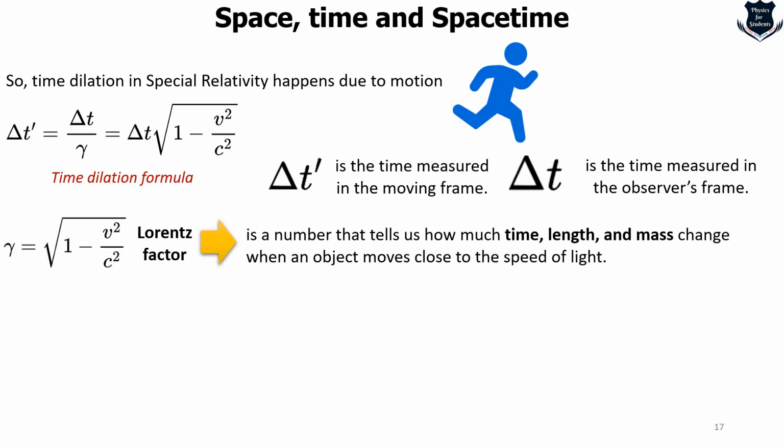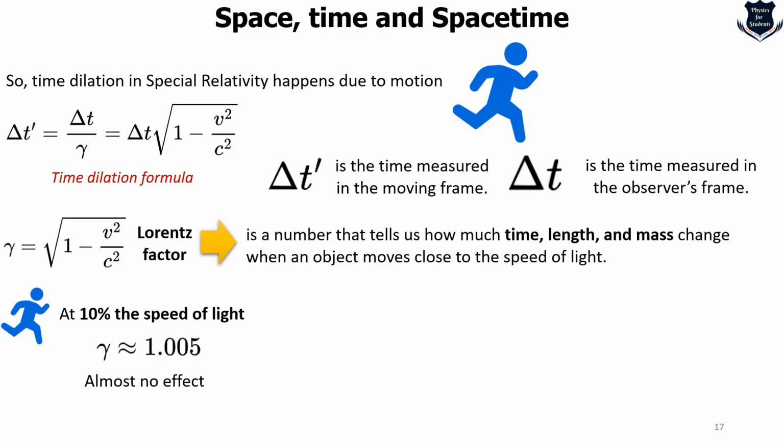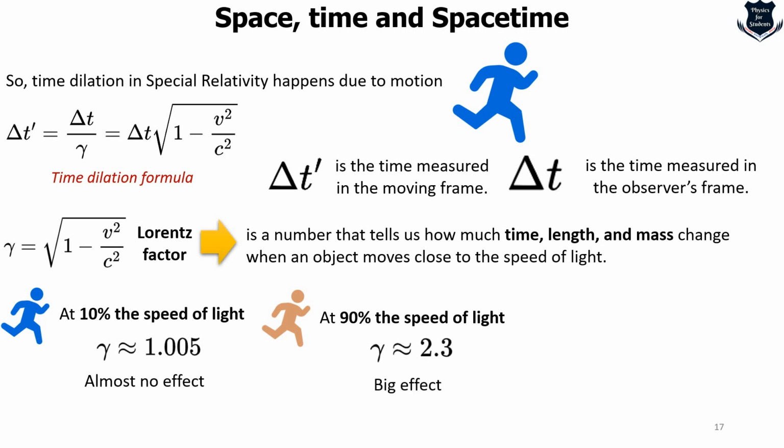Whatever is important is that if you are moving at around 10% of the speed of light, it almost has no effect. That means the gamma factor is very small. If you're moving at 90% of the speed of light, then the gamma factor is more, 2.3, and it has a big effect.